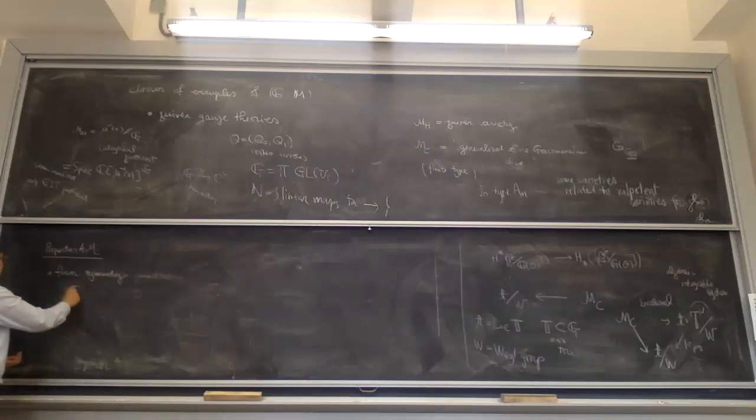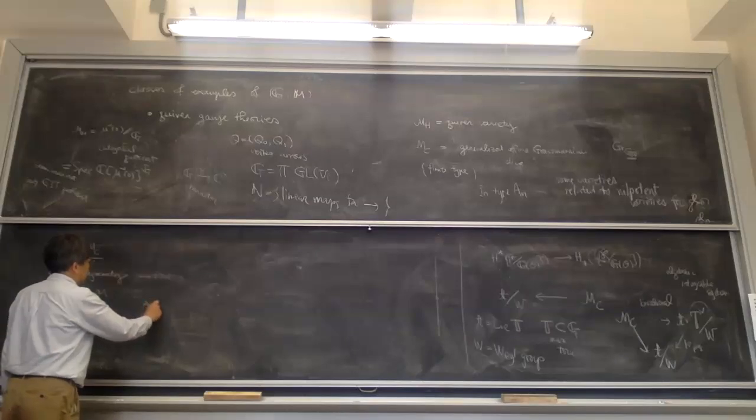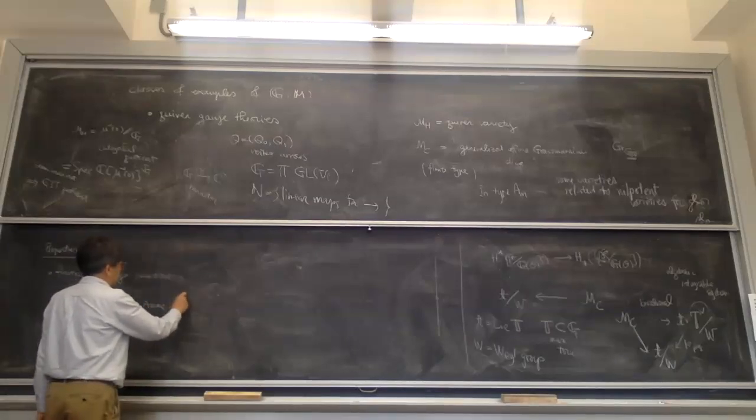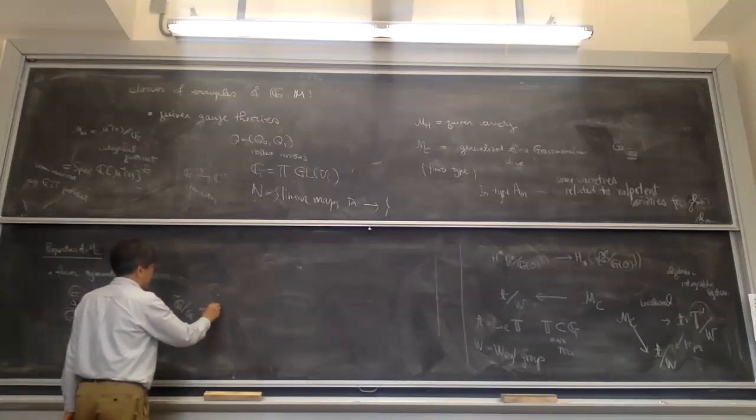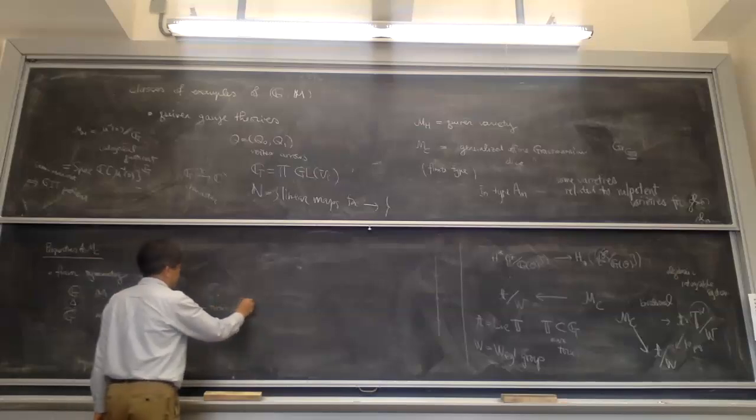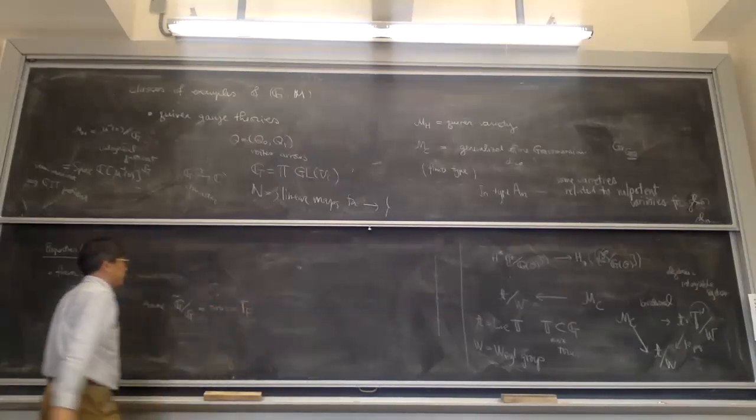So return back to the general case. You have G and M. And if you have a larger group, G tilde, which contains the original group as a normal subgroup, and this representation is extended to a representation of G tilde. And assume G tilde divided by G is a torus, which is the flavor torus in the physics literature.